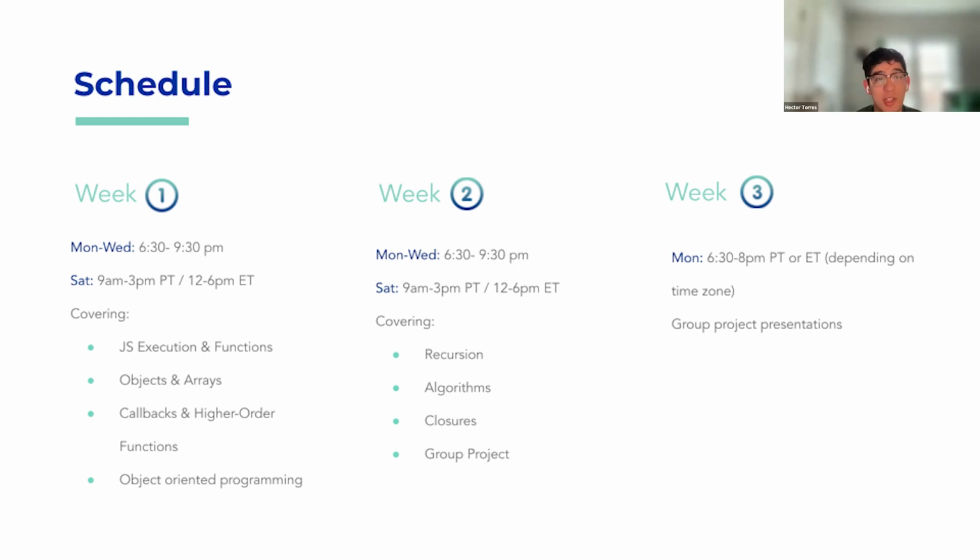So you can see objects and arrays, callbacks, higher order functions, then you'll start to get into those more advanced topics: OOP, recursion, algorithms, closures, etc. That second Saturday, again, you'll introduce your group project. You also have the assessment, and same thing as JSB, you'll have until Monday at 6:30 p.m. to finish your group project, and then you'll have Monday midnight to submit your assessment.